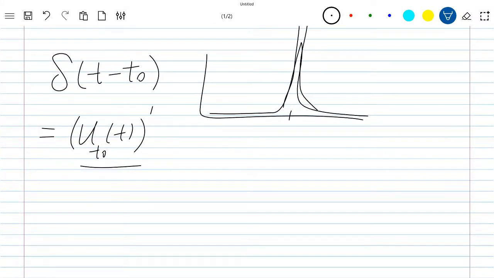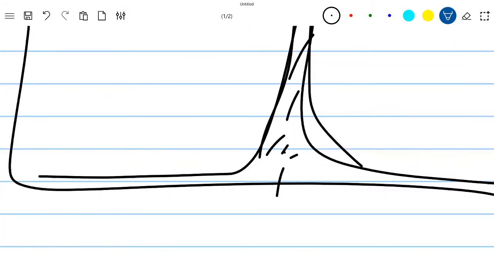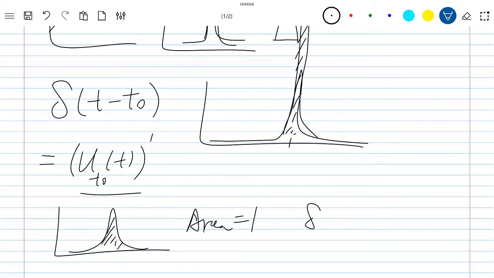So a more rigorous mathematical definition is this. If you plot the function, you can say the area of this is 1. So the delta function, if you plot it, the area is 1. Why? Because area represents the change, this is the derivative, right?